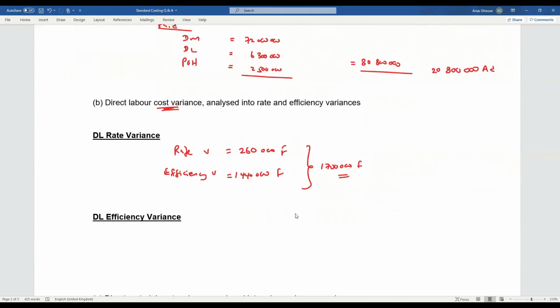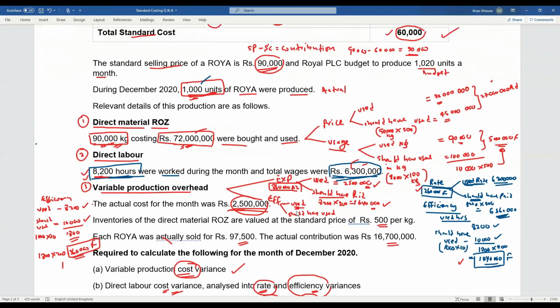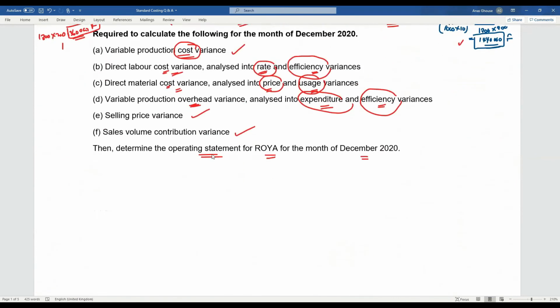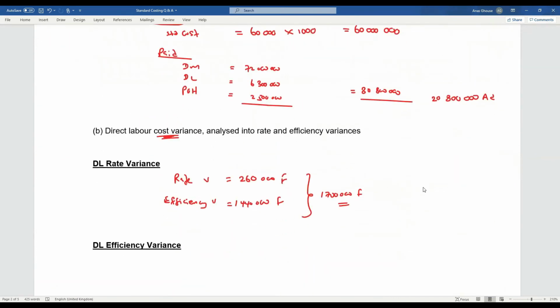So how can you compare that? Basically, we have paid 6,300,000, that is the actual payment, whereas to produce 1,000 units we should have paid the standard cost of 8,000 per unit, which is 8 million.